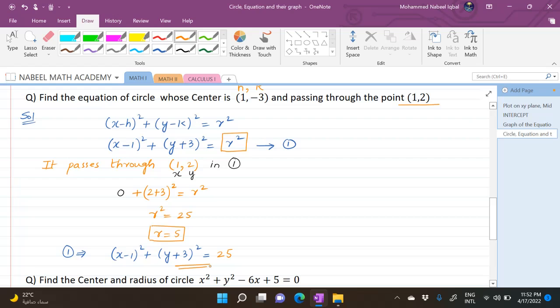So I replace r square with 25. This is the equation of a circle whose center is 1 comma minus 3 and passing through the given point. So if passing through is given, you have to find r by substituting the x and y values in the equation.